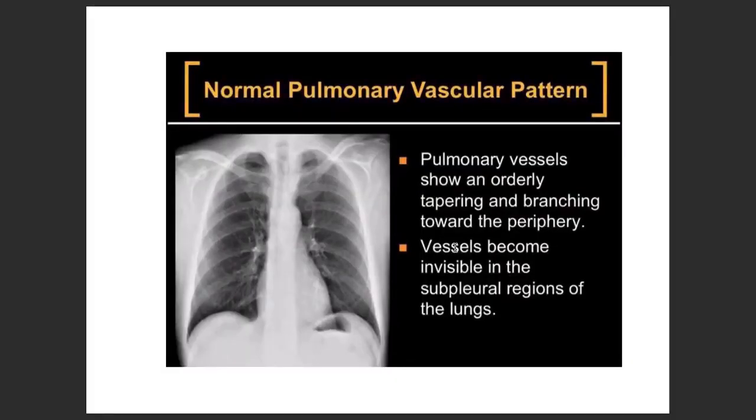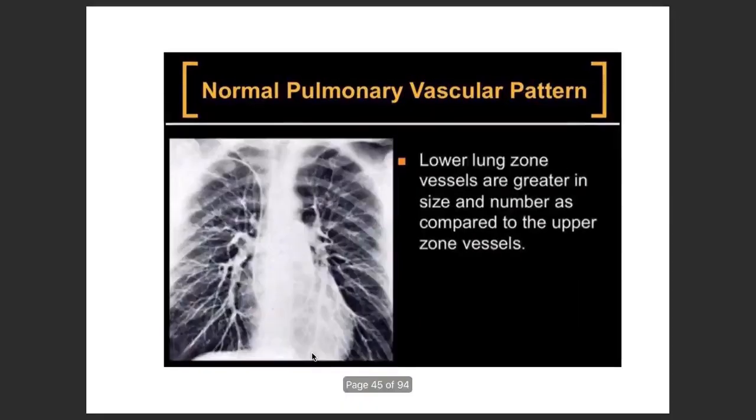Let me refresh what we have all learned. If you can recall, this is how the normal pulmonary vasculature looks. There is an orderly tapering and branching towards the periphery, and the vessels become invisible in the subpleural regions of the lungs.